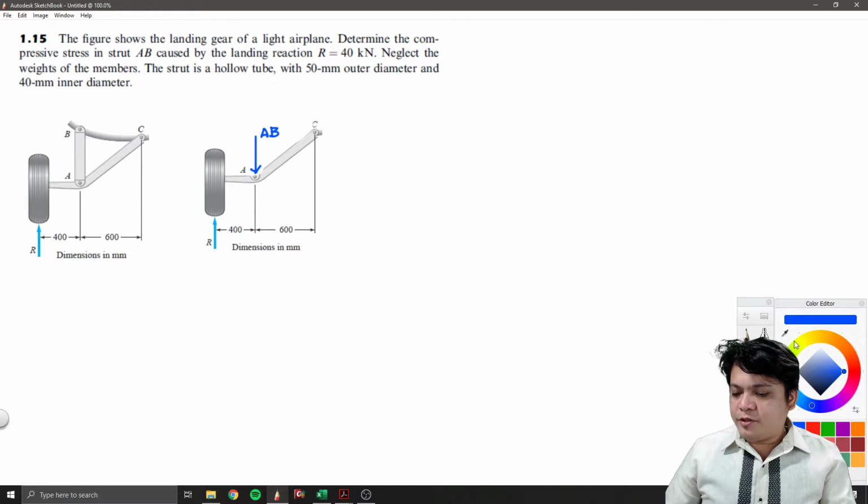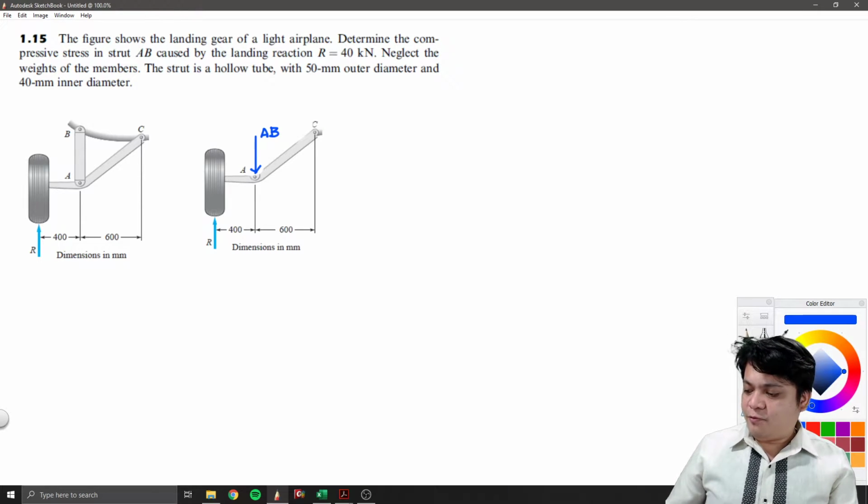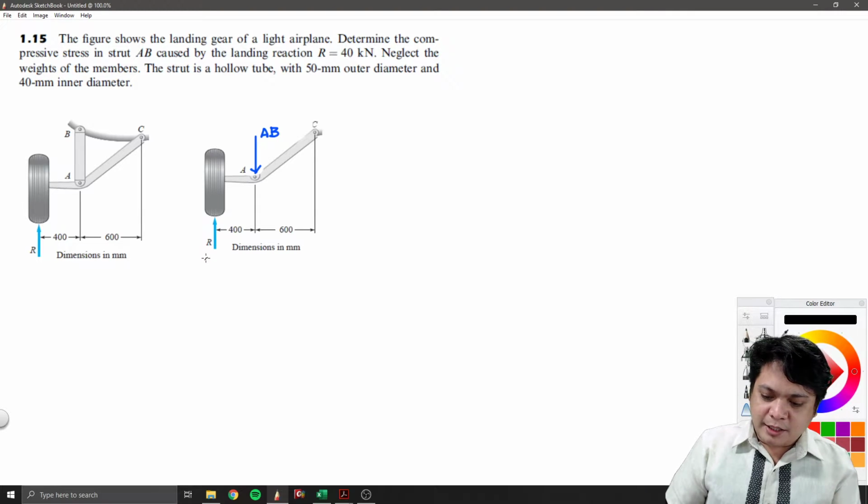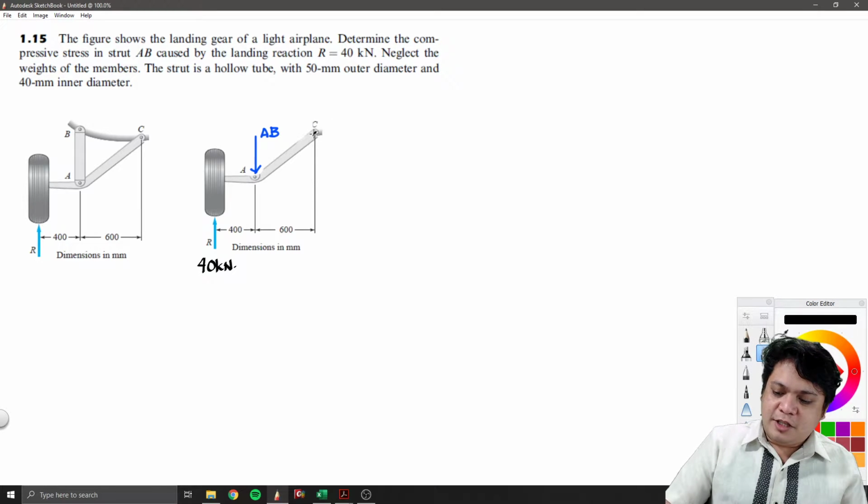However, the reaction here is around 40 kilonewton. And then of course, you also have a reaction there. So you have here CV and then you have here CH, although it is not important because I could take the moment at C.